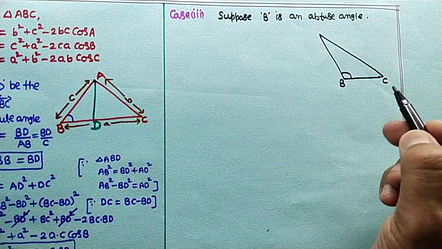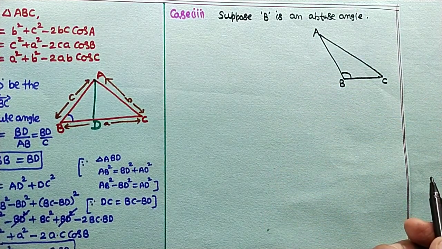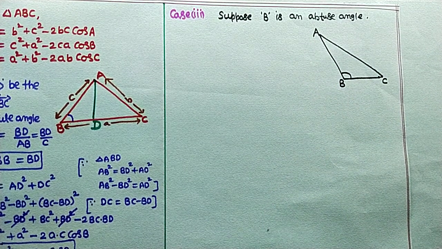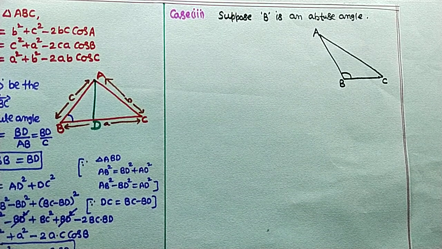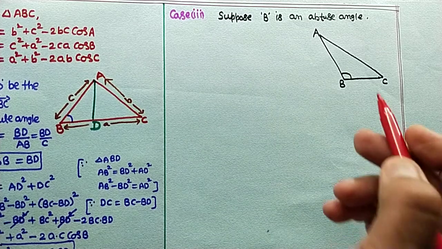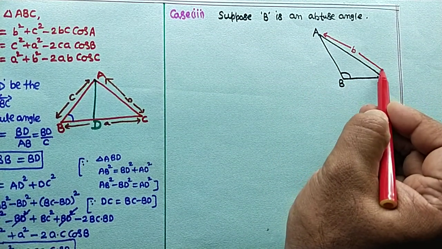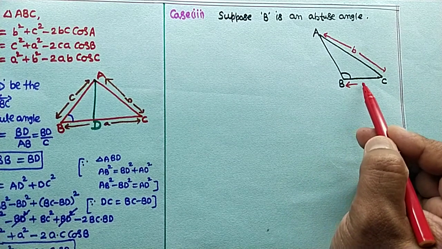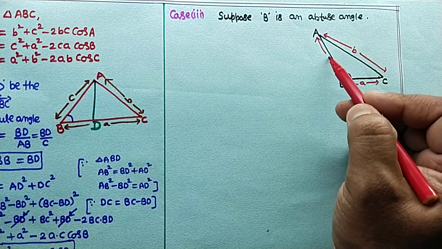C and A. We know that AC equals small b. This is small b. BC means small a. AB means small c.